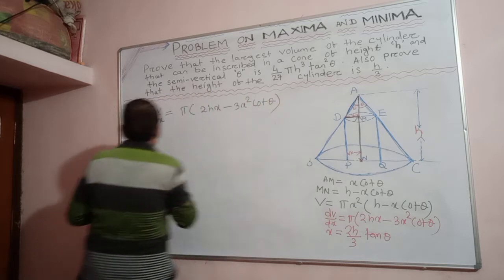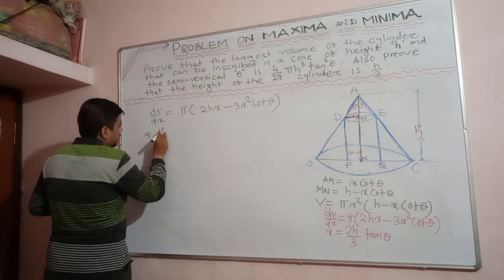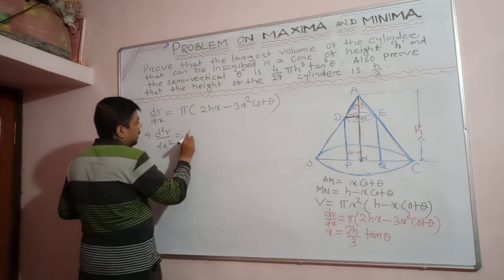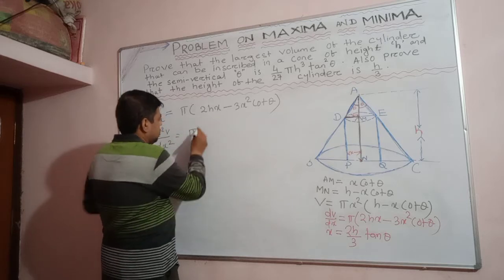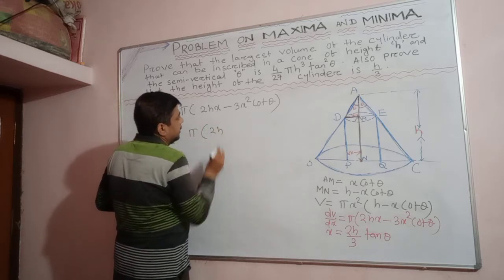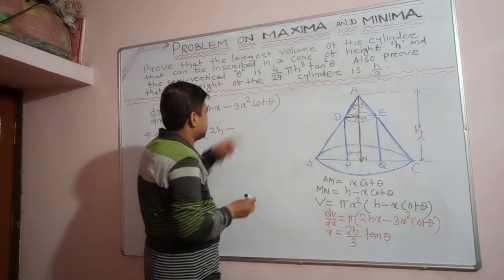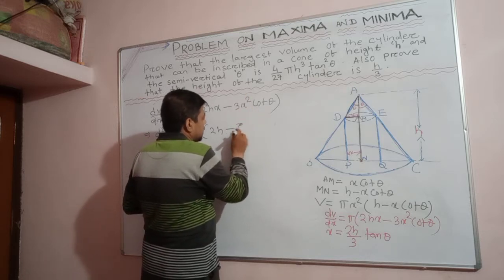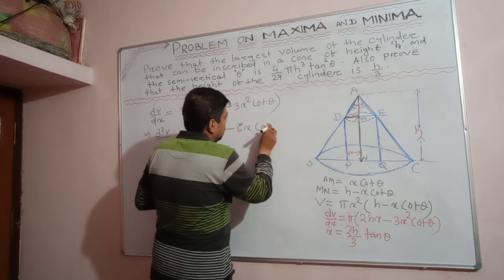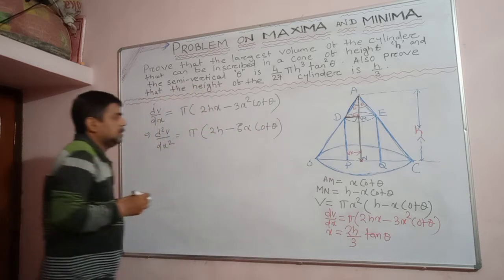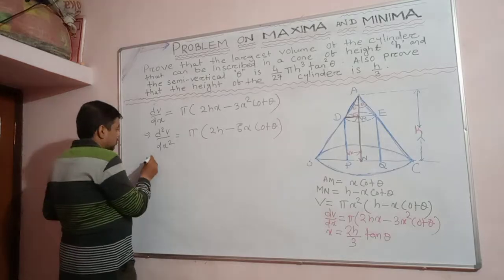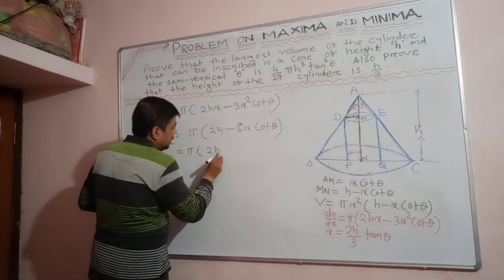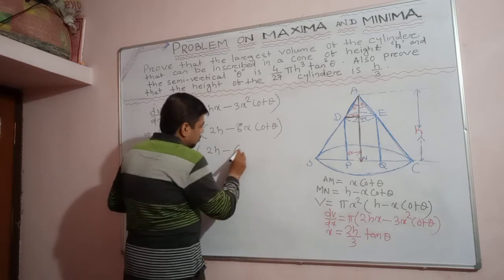Right? So we have d square V by dx square is equal to pi times the derivative of x, which is 1, so it will be 2h minus the derivative of x square, which is 2x, so 2 multiplied by 3 is equal to how much? 6x cot theta.